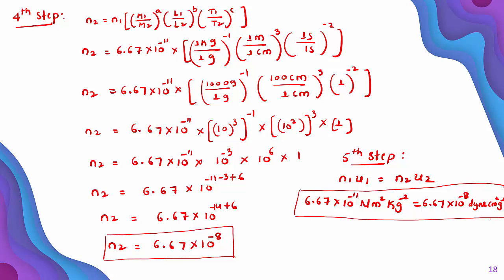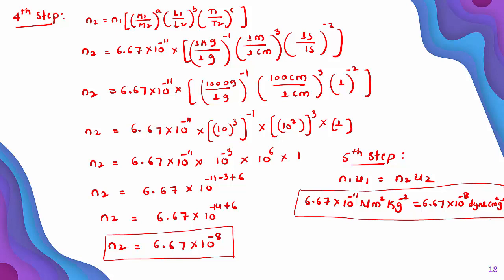So these are some examples to convert from one system to another system. Remember all the 5 steps, then it is easy to solve the numerical problem. It carries 5 marks in your board examination, and this is a very important concept. So this completes all the 3 applications of dimensional analysis. What is the first application?